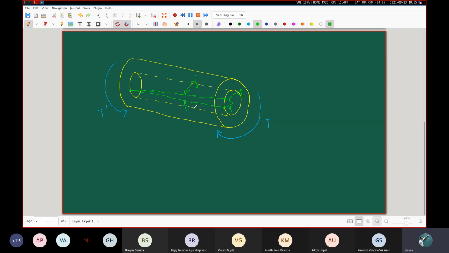What I'm trying to say is that suppose you considered a corresponding material point here. This material point would have moved up like this, and you would have some angle subtended at this end. That angle would not have been gamma.